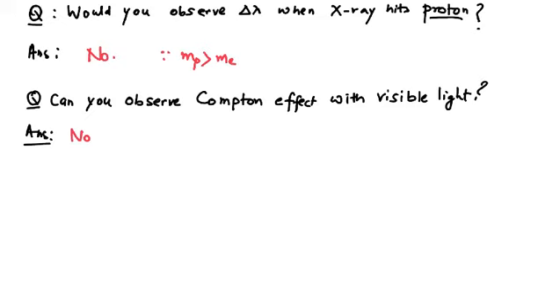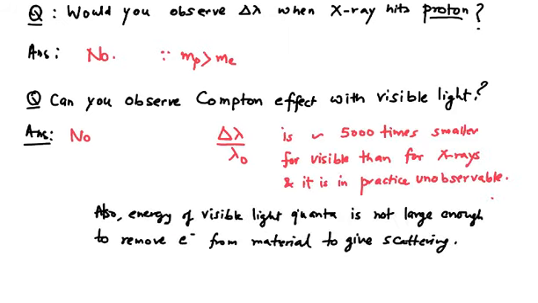In other words, the wavelength of visible light, which falls in the region of 400 to 700 nanometers, is about 5,000 times larger than that of Compton's X-rays. Therefore, the fractional change delta lambda by lambda naught is about 5,000 times smaller for visible light than for X-rays.